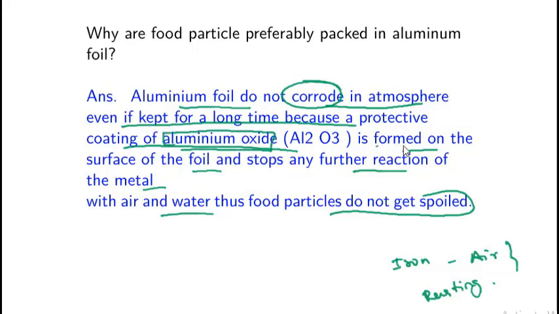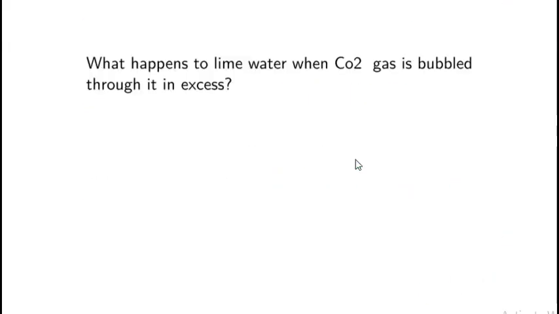This is formed on the surface of the foil as a layer, the aluminium oxide layer. This further stops the reaction of the metal with the air and water, and thus the food particles do not get spoiled. So this is the reason.